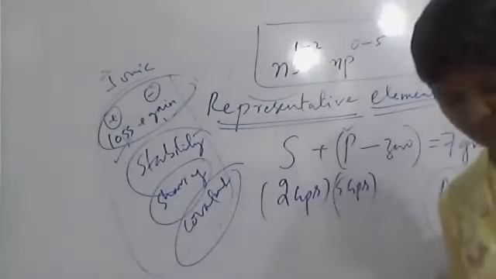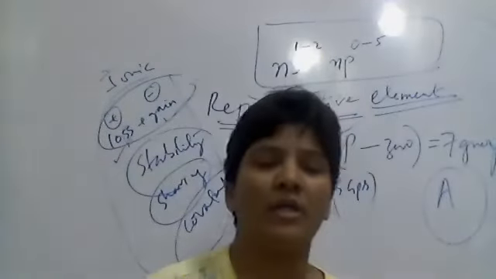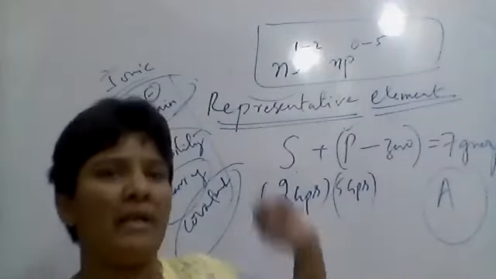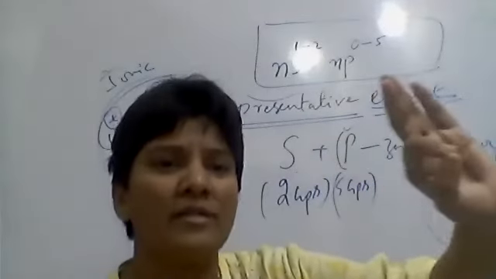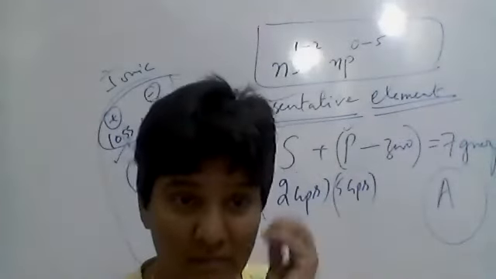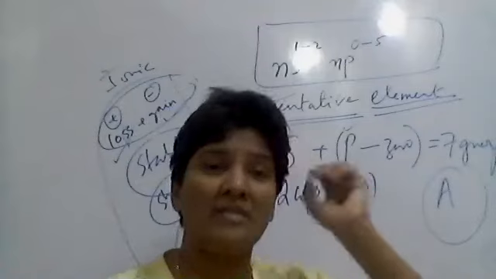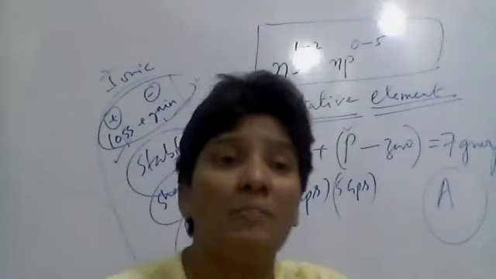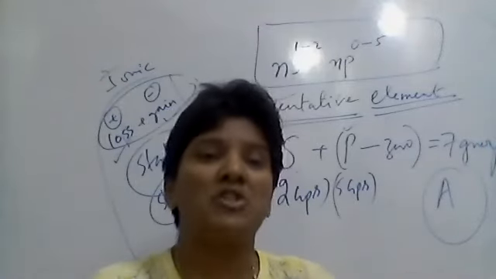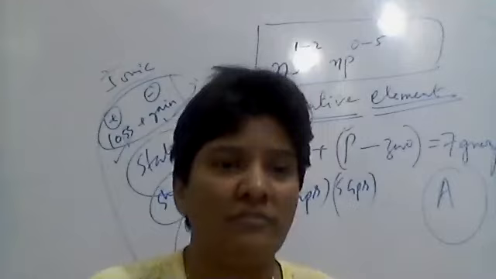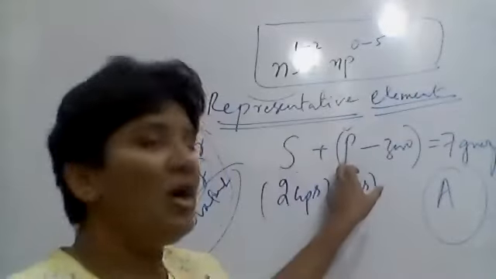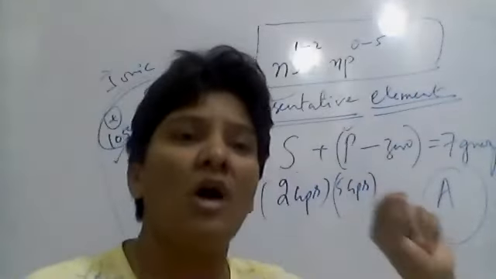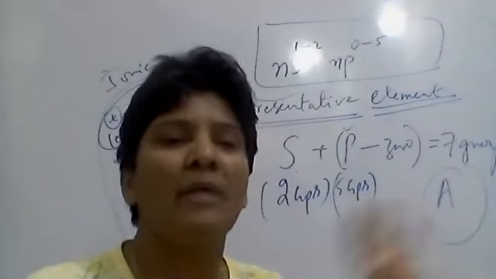Is that clear? And all the representative elements include all the S block elements, which are metals, except hydrogen and helium. All the S block elements except hydrogen and helium are metals which form bases, lose electrons, are electropositive and reducing agents, and form cations. And P block elements contain some non-metals, some metals, some metalloids.